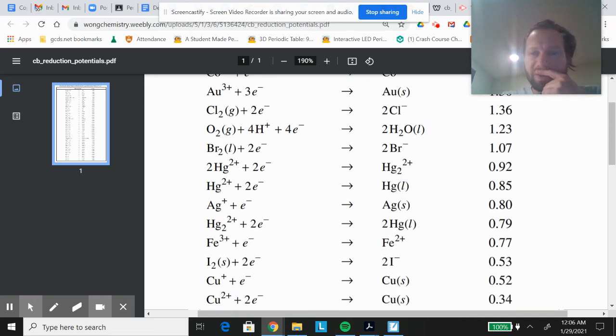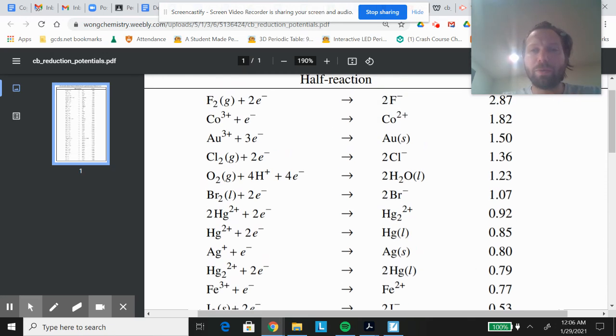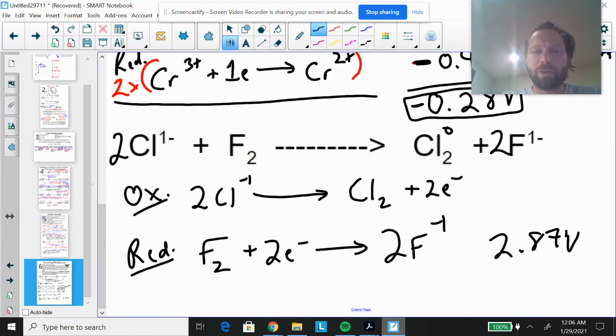There it is. So to reduce chlorine is also very probable, but to do the opposite is not very probable, right? Taking chlorine and bonding it together and oxidizing it is something that it does not want to do.